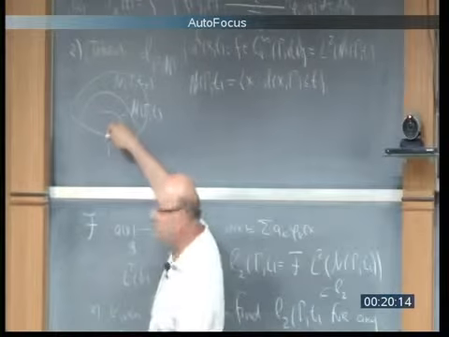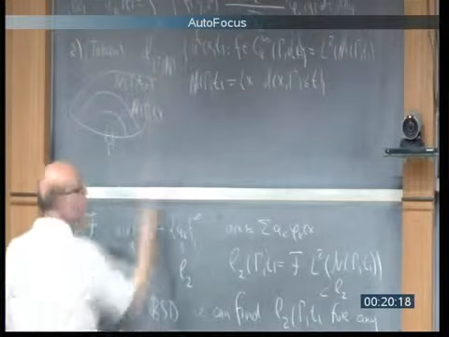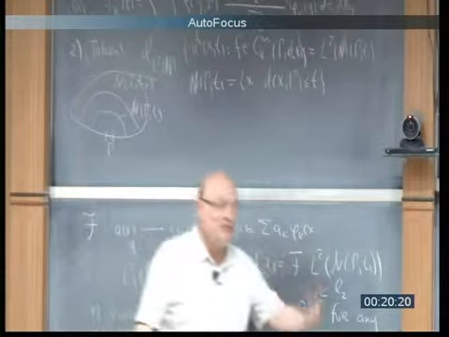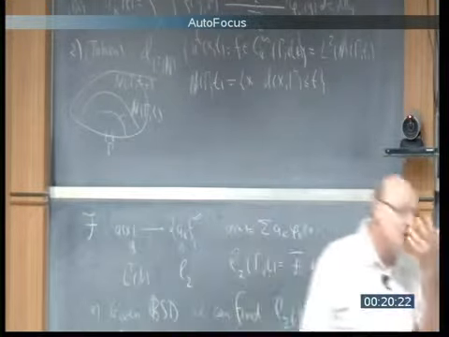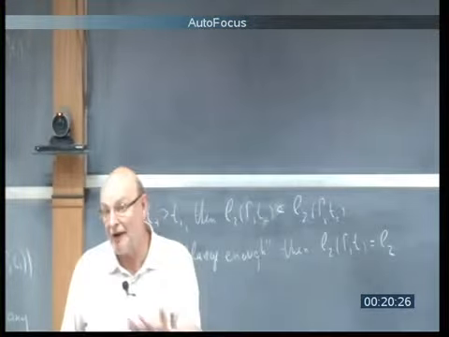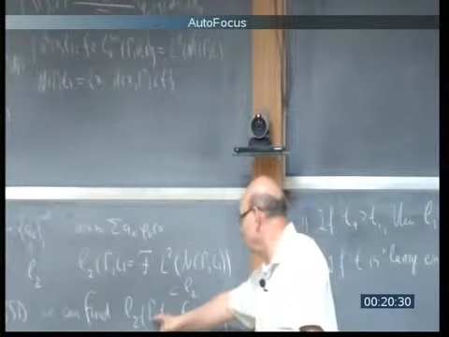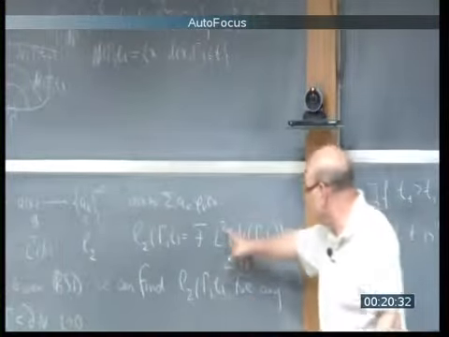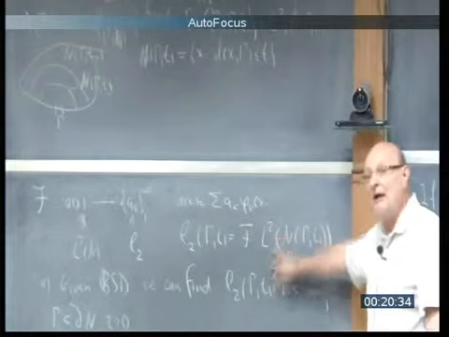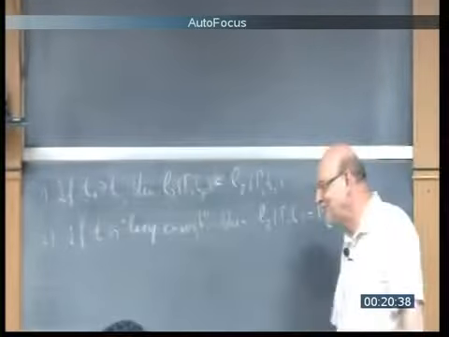Therefore, if time is more than the diameter of the manifold, you cover the whole manifold. So N gamma T, for sufficiently large T, namely T more than the diameter, will be the whole manifold N, and therefore L2 of gamma T will be the whole L2, and the signature will be the whole L2.